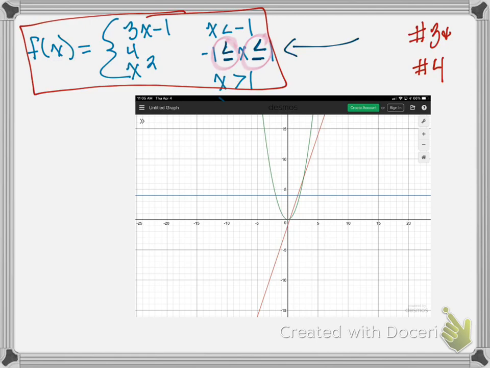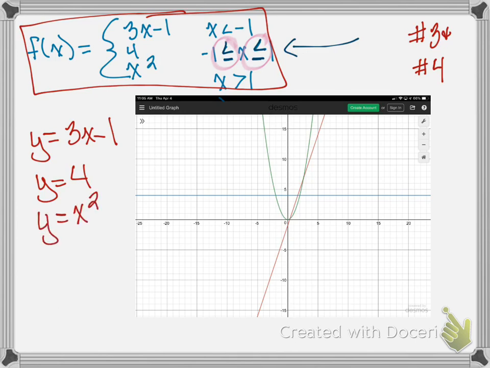So you take the 3x minus 1 and you think of it as y equals 3x minus 1. The f of x equals 4, think of it as y equals 4. F of x equals x squared, think of it as y equals x squared. Any questions or anything on that? Okay, I did record this.